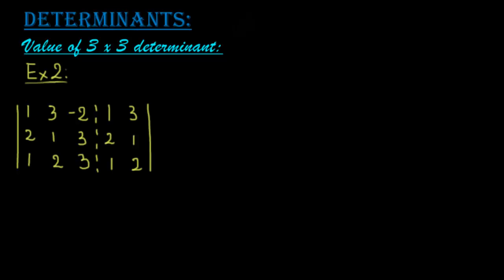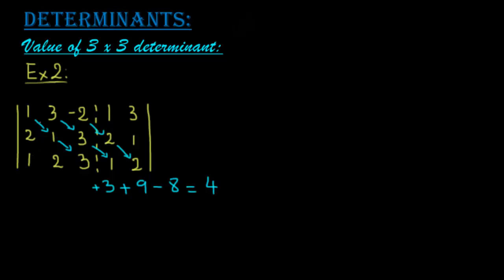We will start from this 1 and go down. 1 times 1 times 3 gives me +3. Okay. 3 times 3 is 9 times 1 is +9. And -2 times 2 is -4. -4 times 2 is -8. Then we add them up, which gives me +4.